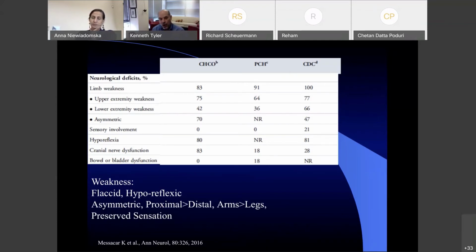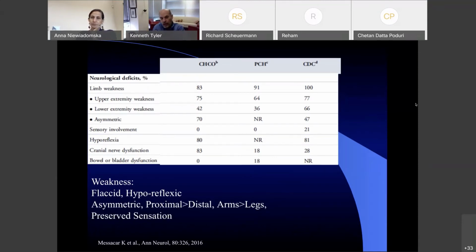The weakness was often asymmetric, meaning it wasn't equally distributed across the 4 extremities. There was a tendency for the upper extremities to be involved more than the legs, and for the weakness to be proximal rather than distal, meaning more at the shoulders or in the hips than in the hands or the feet. And sensation was typically intact in the overwhelming majority of these children.